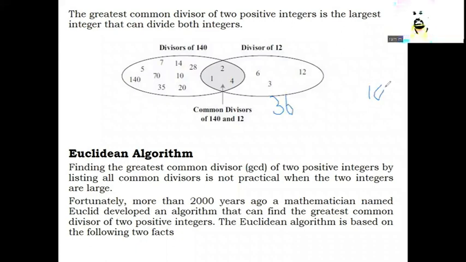Now write all the divisors that exactly divide 36. So 1. 2 can divide it, 2 18s. 3 can divide it, 3 12s.